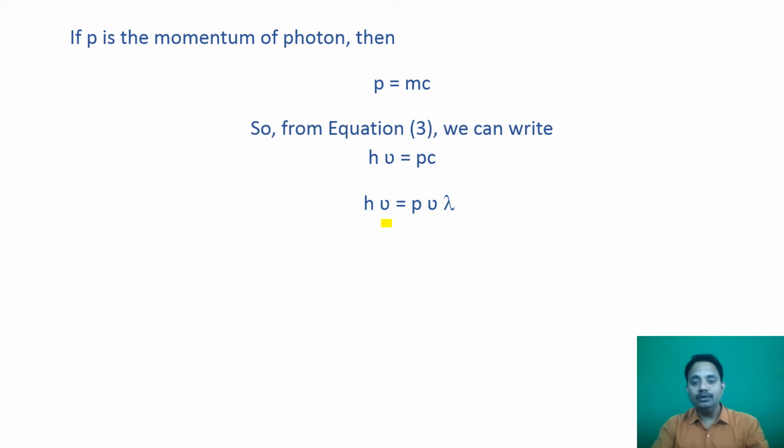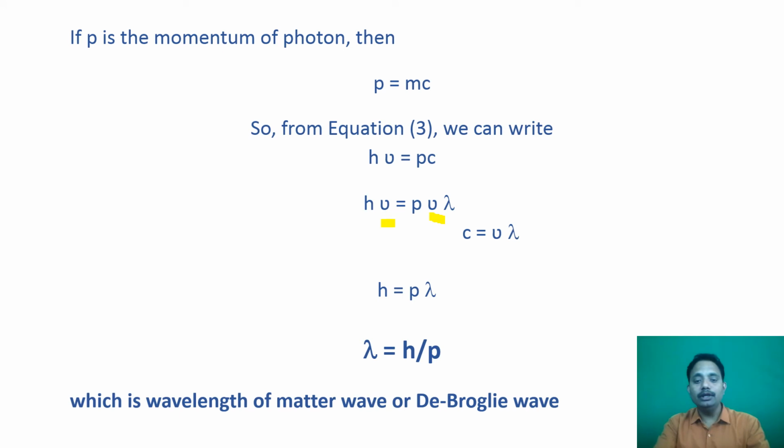If we cancel the nu, we get h is equal to p into lambda. If you rearrange this equation in terms of lambda, we get lambda is equal to h upon p. This equation gives the de Broglie wavelength of the matter wave.